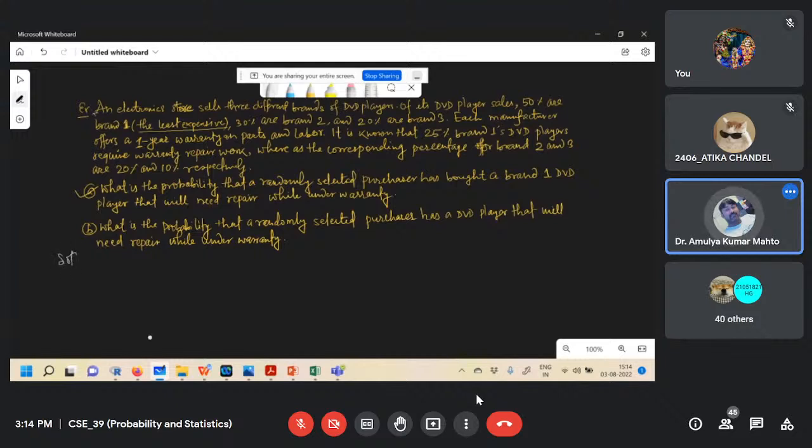Okay, so what is given there? Suppose I am considering that A_i denotes that a brand i DVD is purchased. i may be 1, 2, 3, because there are three different brands of DVD players, as you can see in the problem.